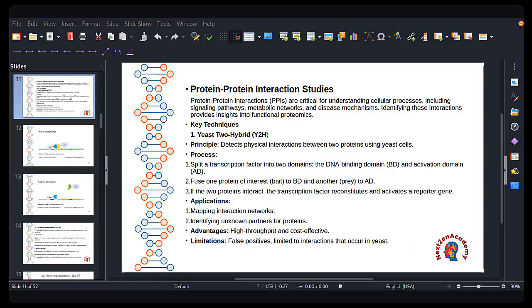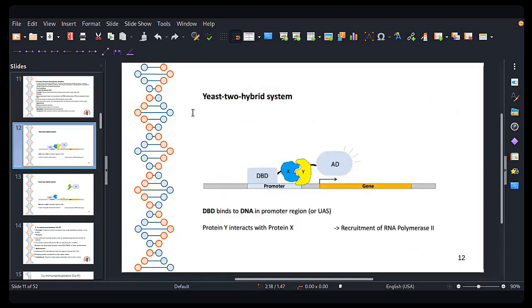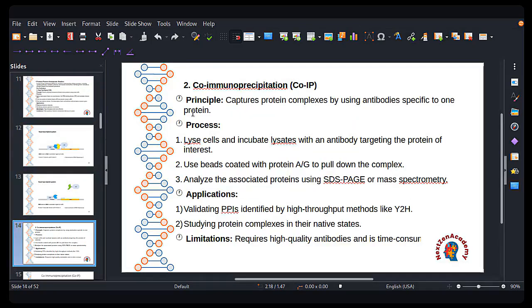Then one more technique is there where we can see the protein-protein interaction, and it's known as co-immunoprecipitation. So what's the principle of this technique? See, the principle is it captures protein complexes by using antibodies specific to one protein.